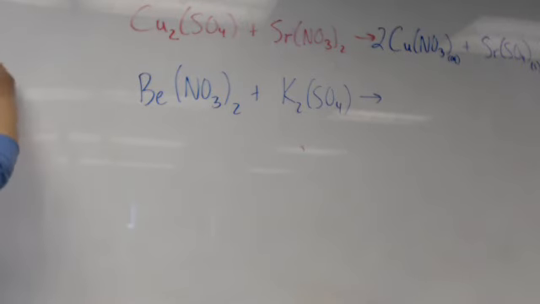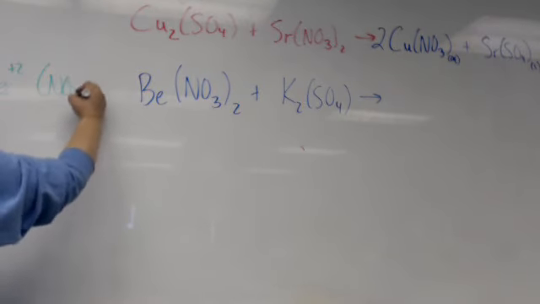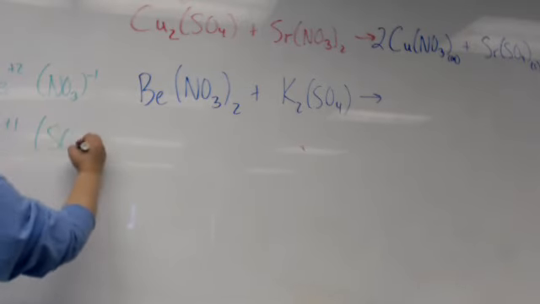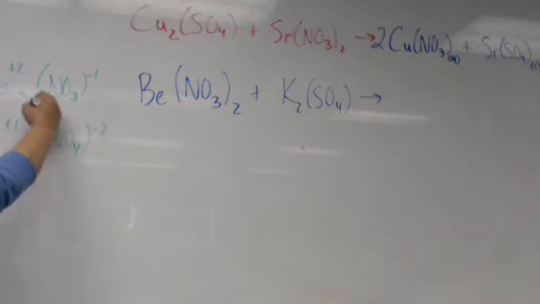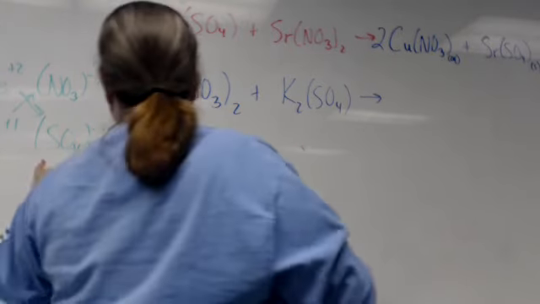Beryllium ion, Be is group 2, nitrate ion, -1. Potassium ion, group 1, sulfate ion. Okay, crisscross. Again, this time your charges are going to cancel out in each direction, so they're both 1-to-1 ratios.